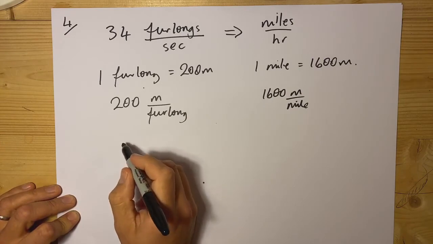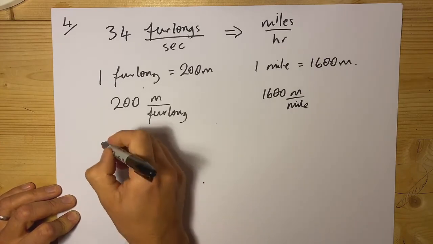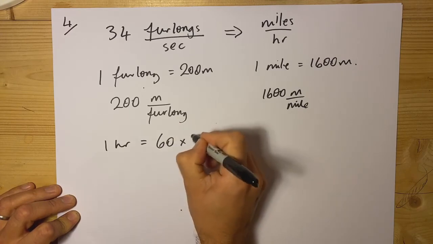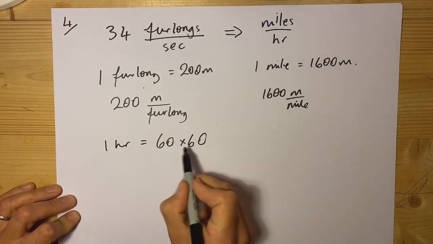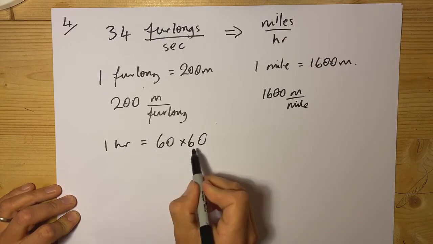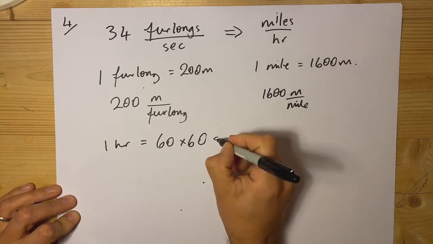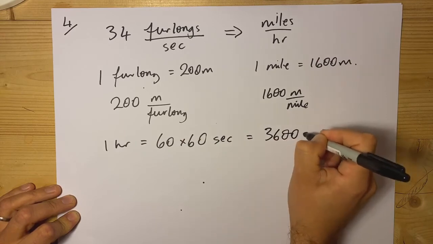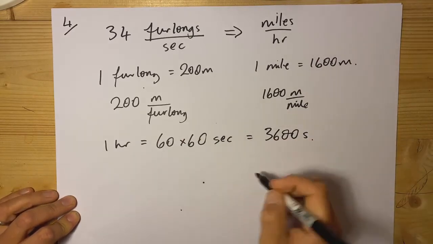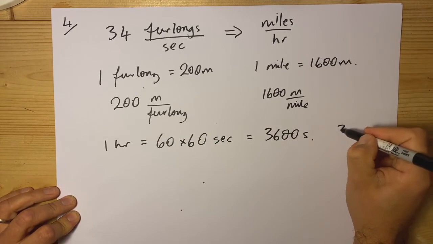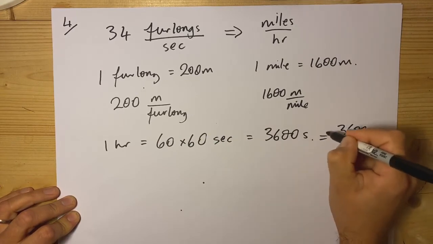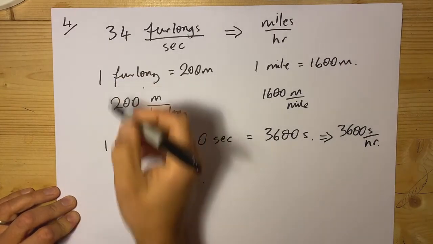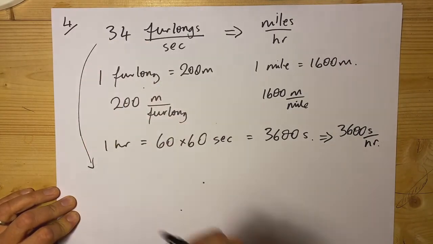So we know 1 hour equals 60 times 60 seconds. There are 60 seconds in a minute and 60 minutes in an hour. So 60 times 60 seconds, which equals 3,600 seconds. So we can say that there are 3,600 seconds per hour.